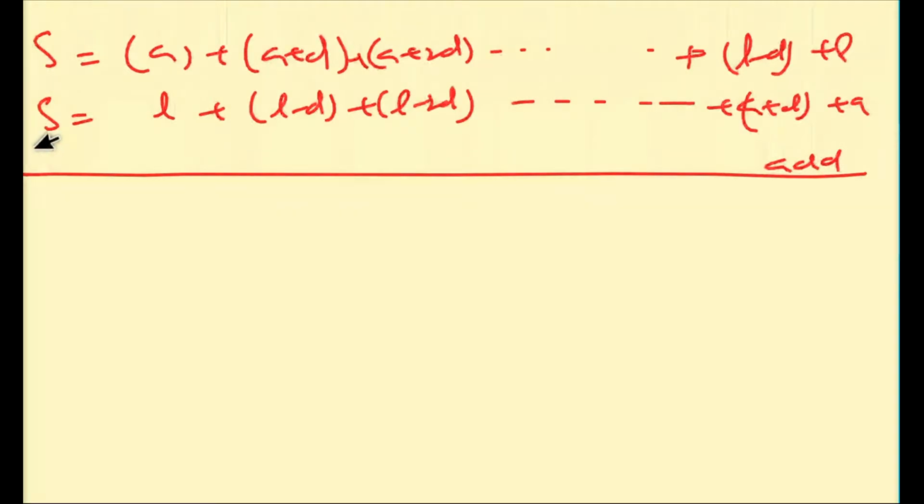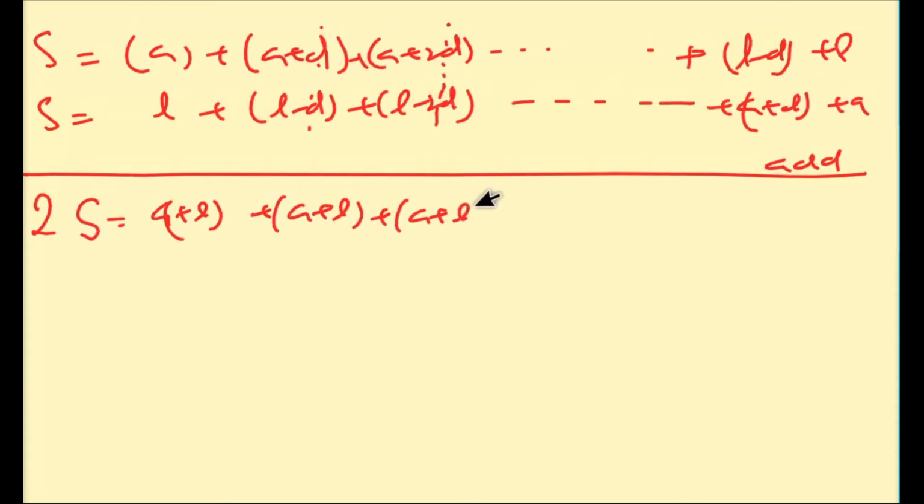So we find S plus S, that is 2S. We can see here the sum is A plus L, and here D is cancelled. So what do we find? A plus L. Again here 2D is cancelled. What do we get? A plus L, and here also D is cancelled. What do we find? L plus A, and here also L plus A.